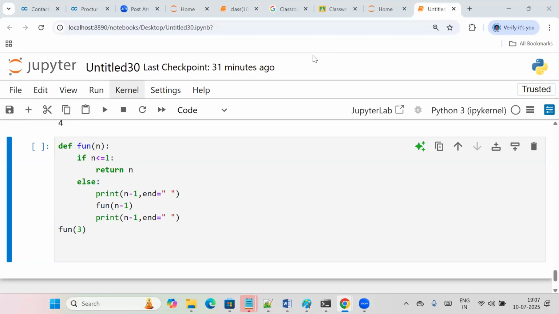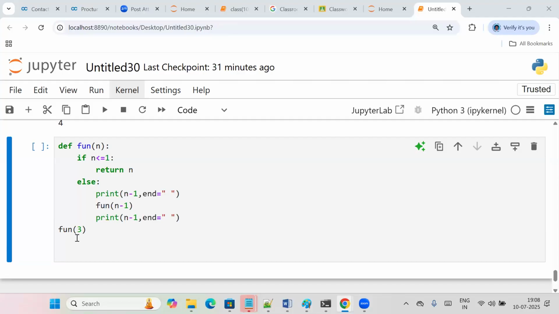What will be the output of this one? This is a simple question, guys. What will be the output of this one?